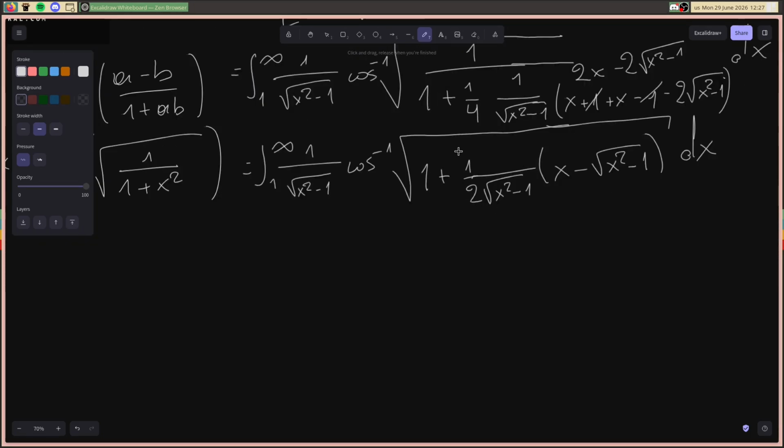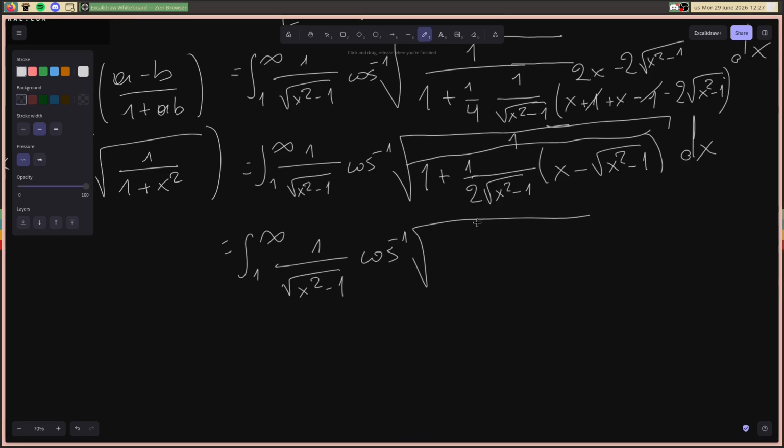What we then do is make a common denominator on the denominator, or you could also say you multiply the numerator and the denominator by 2 times the square root of x squared minus 1, and you get 2 square root of x squared minus 1 plus x minus square root of x squared minus 1 dx.